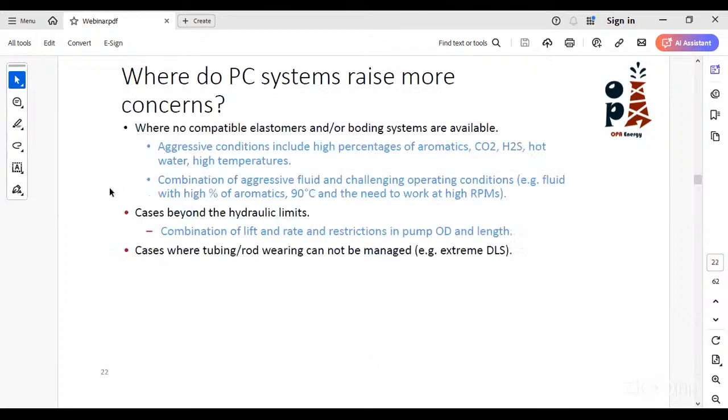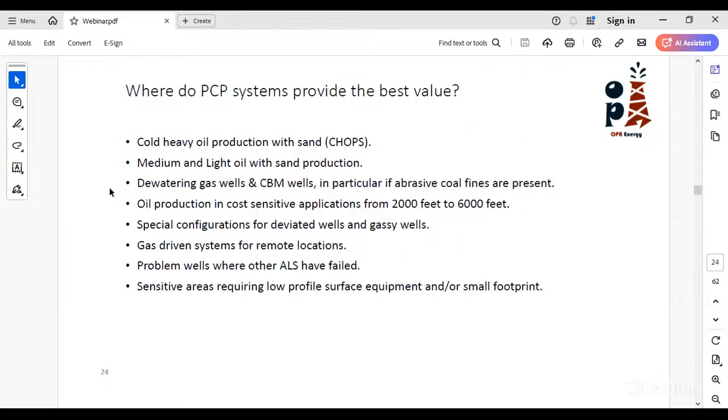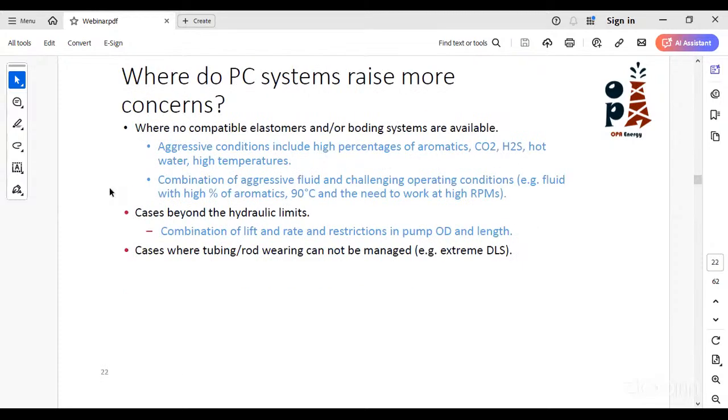And of course, there are concerns and different challenges during the running of the PCP. We have said that it is the least forgiving method of artificial lift because of that.